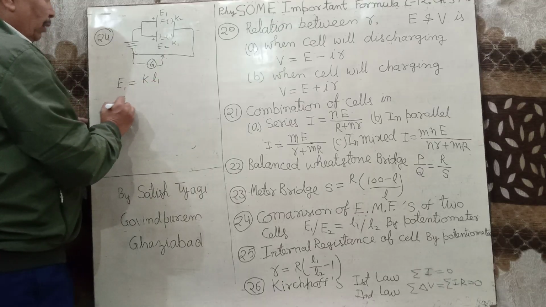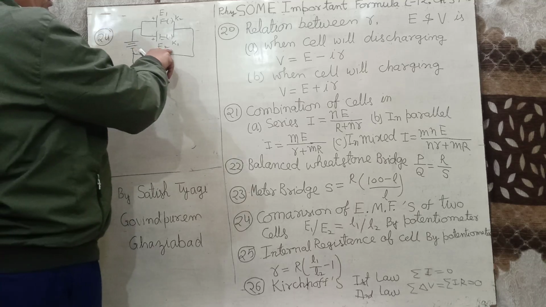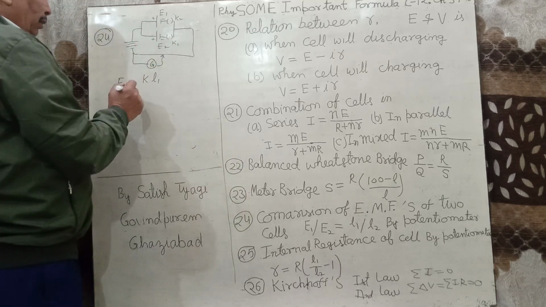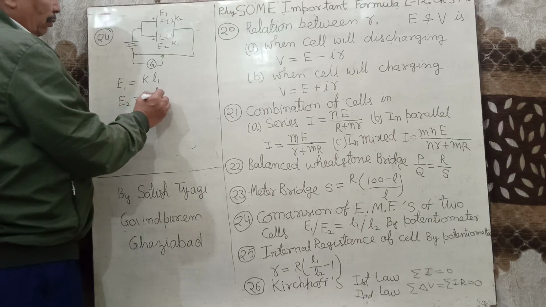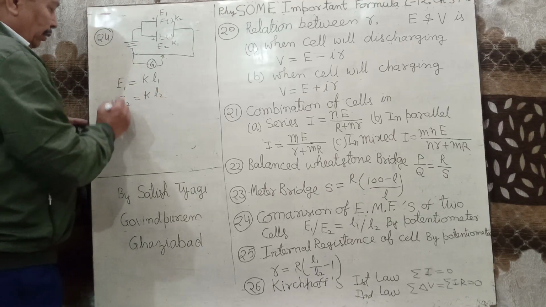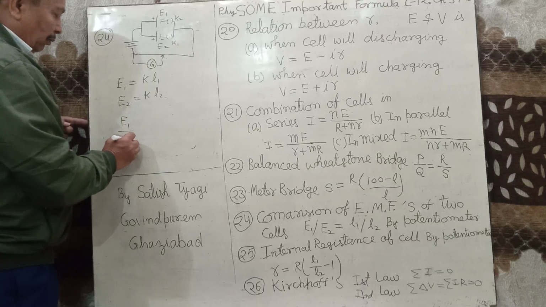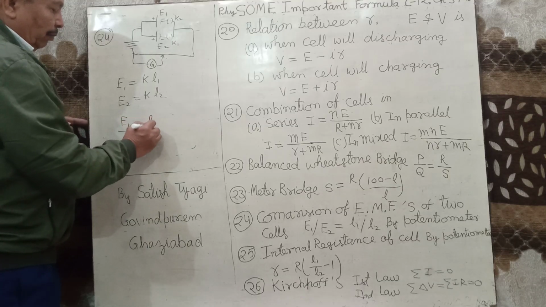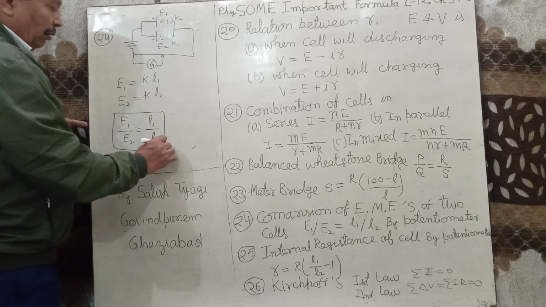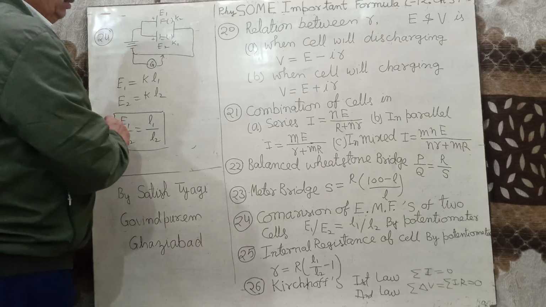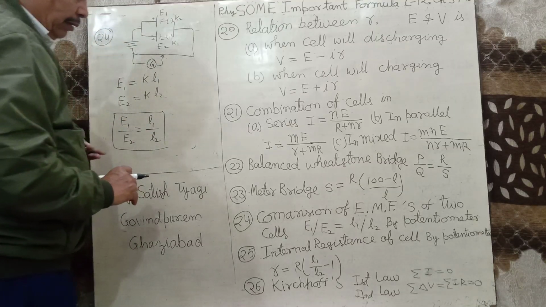Similarly, if cell E2 is connected in the circuit, then E2 equals K L2. Then E1 upon E2 equals L1 upon L2. This is the comparison of the EMF of the two cells by the potentiometer.